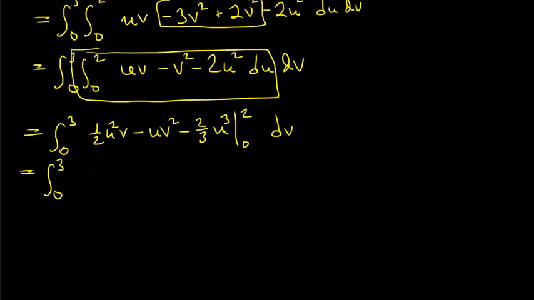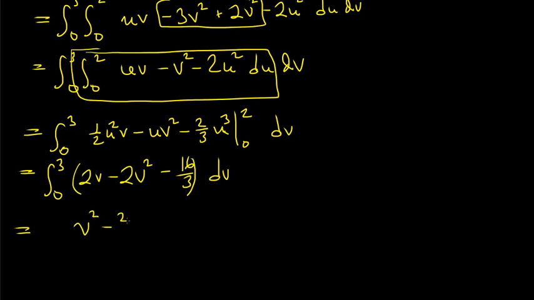Okay, so that's going to be 2v minus 2v squared, and then u, so 2 cubed, 16 over 3, minus 16 over 3, I think, dv. So now integrate all of this with respect to v. We can do that, I think. So we get v squared minus 2/3 v cubed minus 16 over 3 times v.